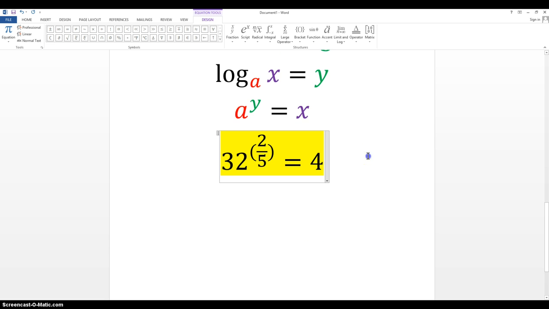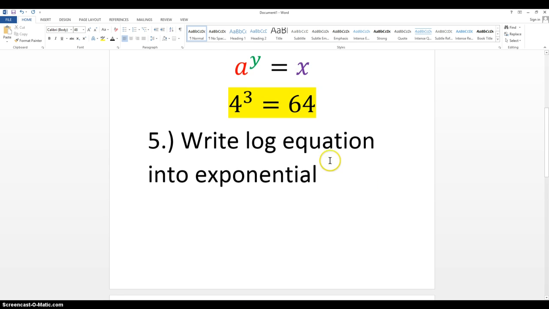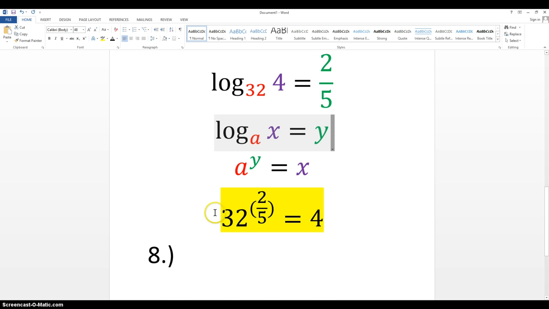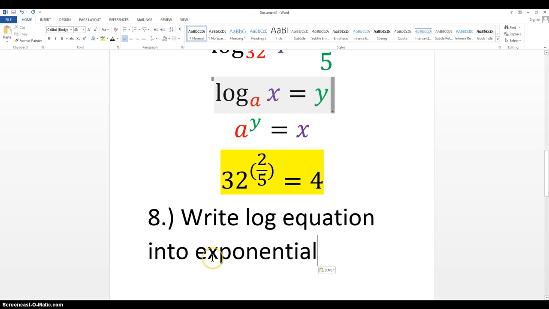Okay, and let's practice one more of those. You have number 8, which are the same instructions. Write log equation into exponential. And again, I probably didn't mention this at the end, but if I'm going too fast, make sure you tell the sub to pause it so that you can copy everything down before we move on to the next one.